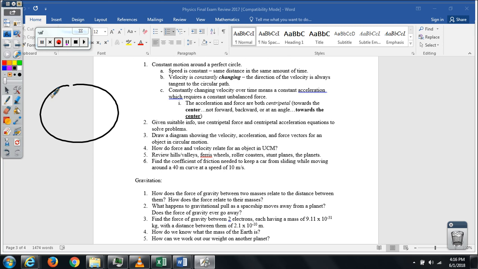If this is a top-down view of circular motion, remember velocity is always tangential. Acceleration is always centripetal. Velocity and acceleration are always perpendicular. Force and acceleration are always parallel, or always in the same direction, in this case both centripetal. You have a centripetal force and a centripetal acceleration. So therefore the centripetal force and the velocity have to also be perpendicular.